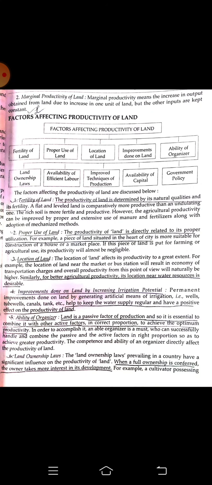Next, we have improved technologies of production. For example, in the 1960s, India was introduced to the green revolution. This green revolution was happily accepted by the farmers of Punjab and Haryana, and they started using high yielding variety seeds, HYV seeds.